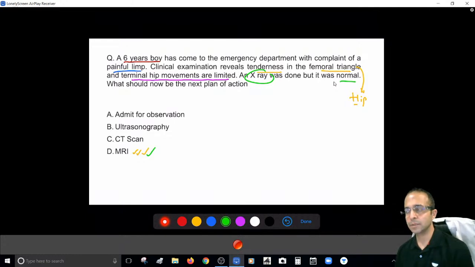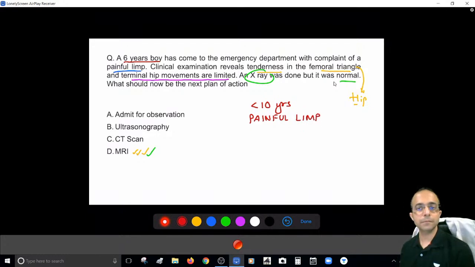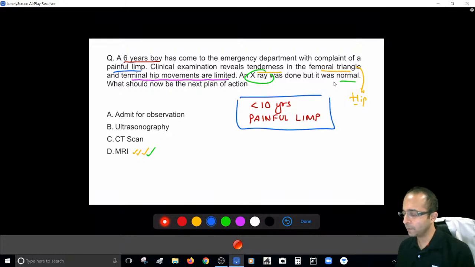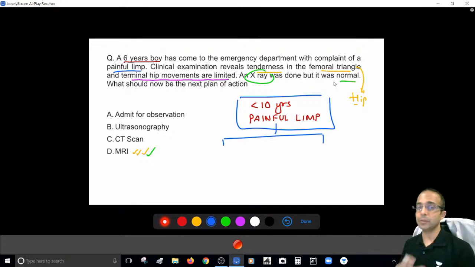So what do you think is the likely possibility? See, less than 10 years old kid, and at times he can come to you with a painful limp. Very common scenario. Now when this is the scenario, you have to see what kind of clinical pattern you are dealing with.